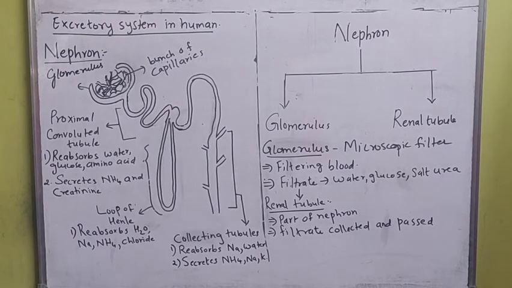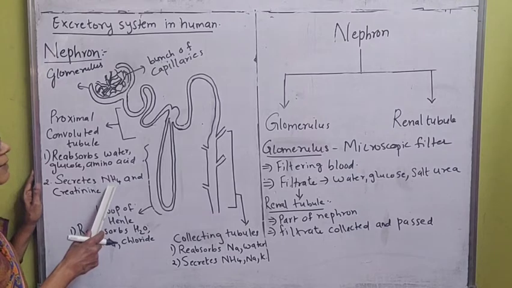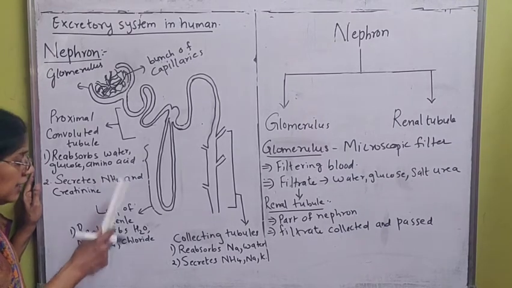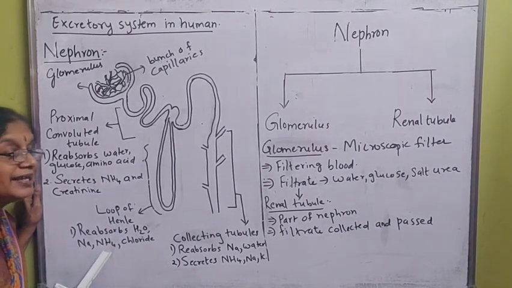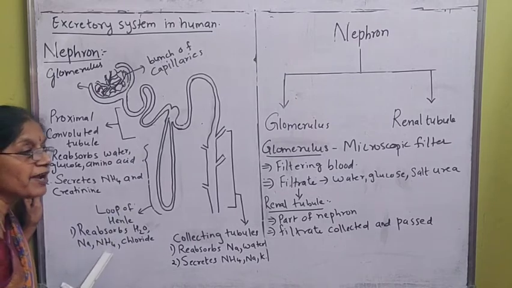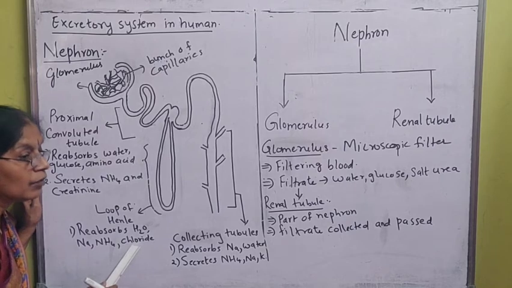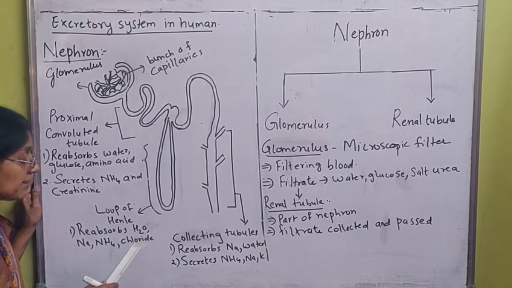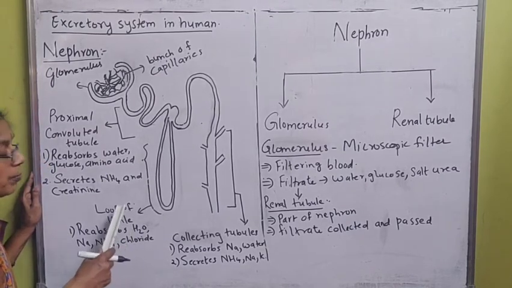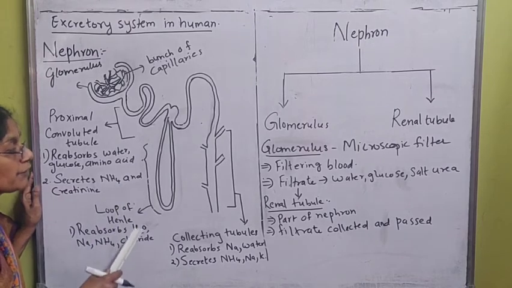It will reabsorb the water, the ammonium that was secreted by the proximal convoluted tubule, and also sodium and chloride. Whatever is present will be reabsorbed by the loop of Henle. That is the work of the loop of Henle.